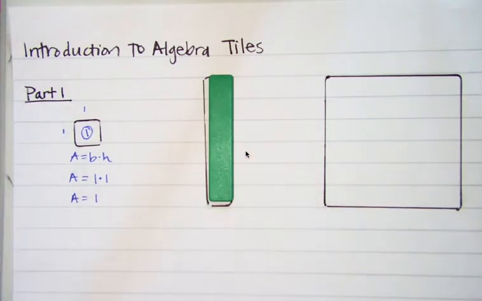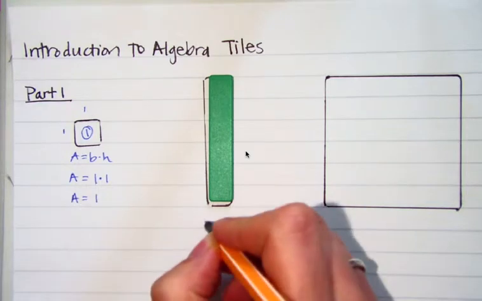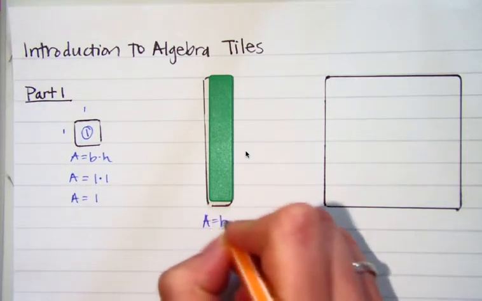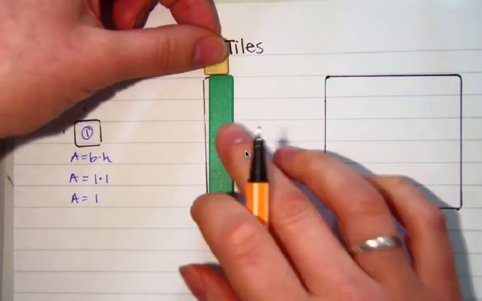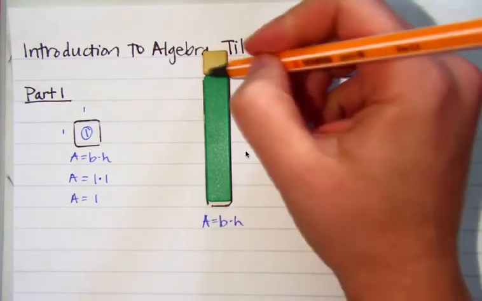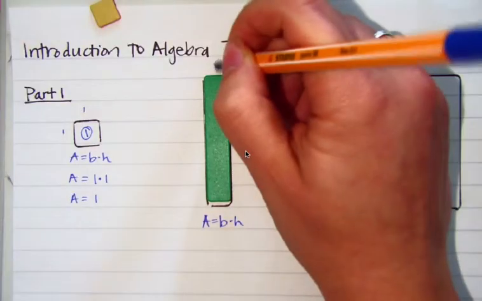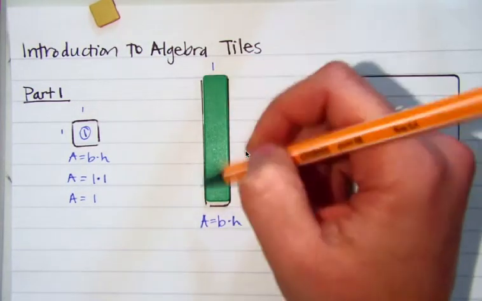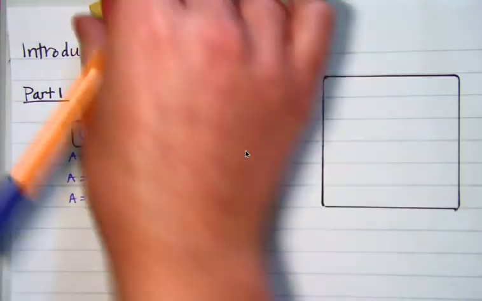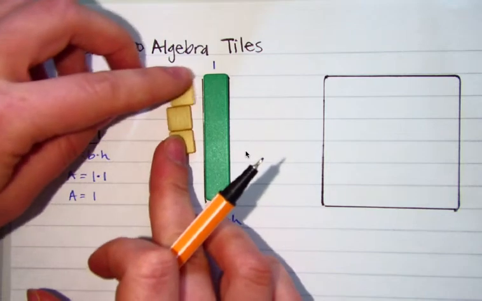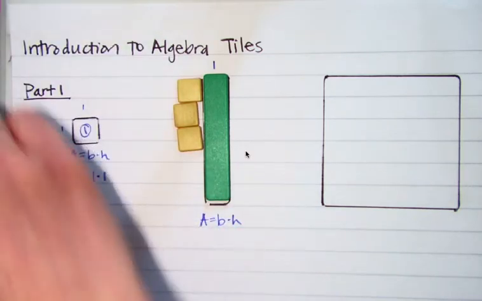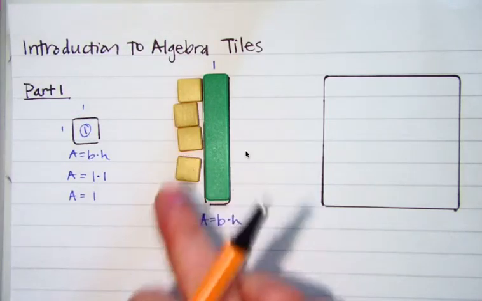Moving along to the rectangle, we want to find out its formal name. So we want to find the name of it by getting the area. Again, the formula is area equals base times height, and if I line up my 1 piece, I see that my base is actually 1 unit in length. And if I want to find out this height, I can try to line up these tiles right here, but you're going to notice that they don't line up perfectly.